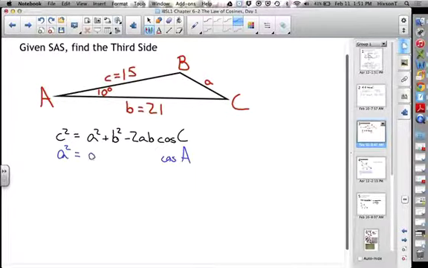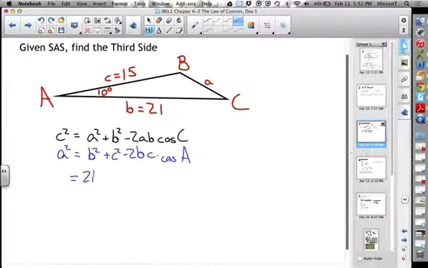So it's B squared plus C squared minus 2BC cosine of A. I adapted the formula that we memorized to fit what I'm looking for now. So now it's just a matter of plugging stuff in.